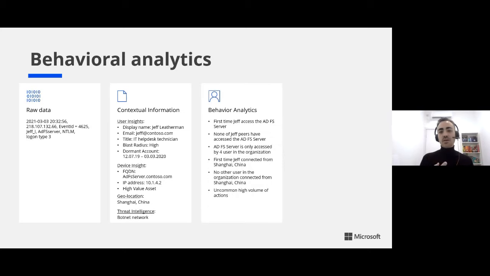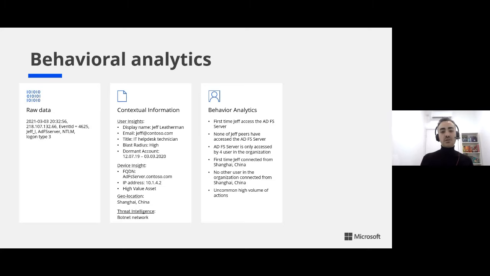But I think what might be the most important part will be the behavioral analytics. For each entity on the event, we will provide you with information about anomalous indications that we find on this specific event. So for example, we can see it was the first time Jeff has accessed this ADFS server. We can see that none of Jeff's peers has ever accessed the server before.